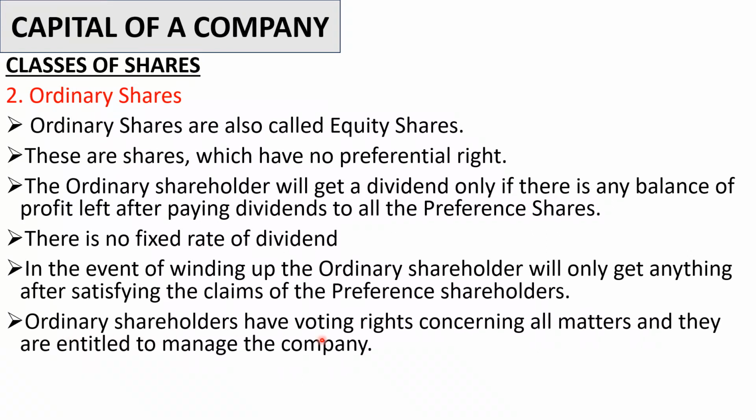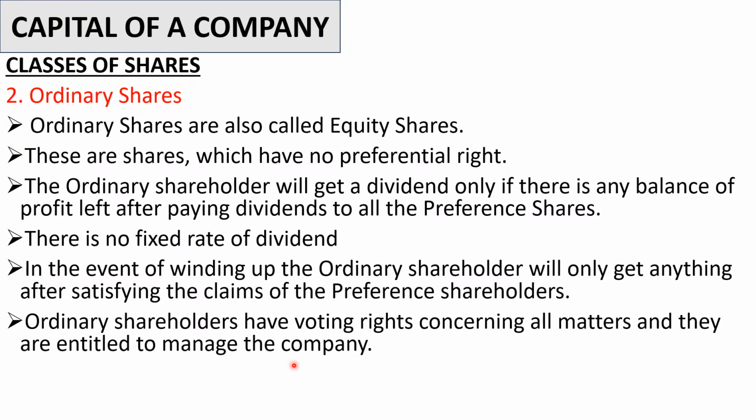Also, ordinary shareholders have voting rights concerning all matters and they're entitled to manage the company. Preference shareholders are not entitled to manage the company. Ordinary shareholders have to make sure the company is performing and making profit so that they receive the dividends, so they have got voting rights and are entitled to manage the company.